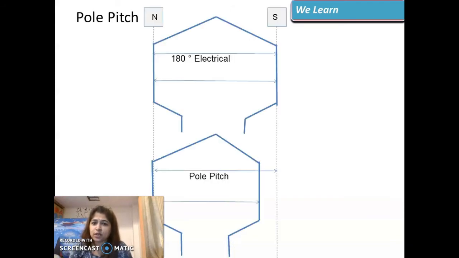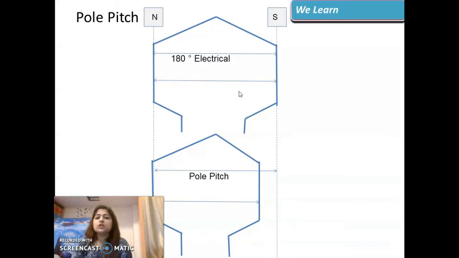Okay, so if we understood electrical angle and mechanical angle clearly, let's proceed to pole pitch. Let's try to understand what pole pitch is. Now this is an example of a coil. I already explained in the last video that two conductors make a coil and many coils together make a winding. We are talking about armature winding right now, where we are just considering one particular coil of the armature winding.